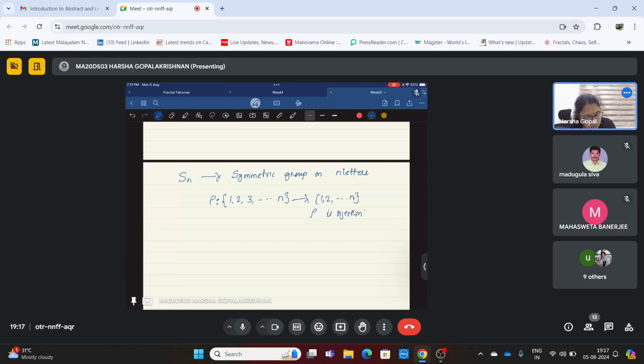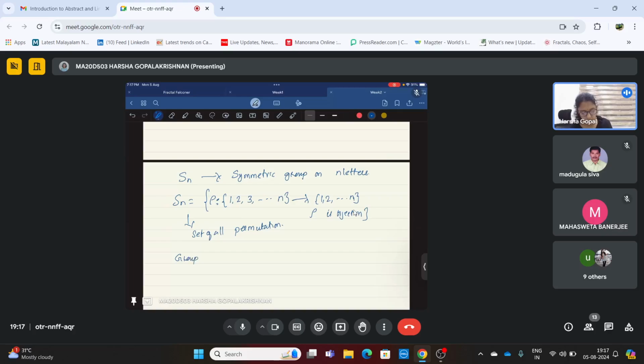This is our Sn, the set of all permutations. So whatever I have written in the set notation, it is the definition of permutation also. This is the group. And what is the group operation here?